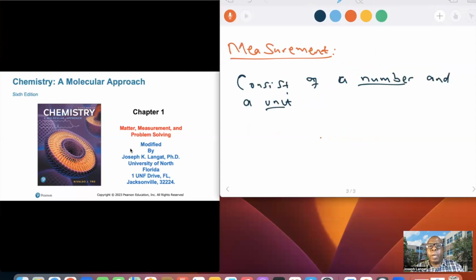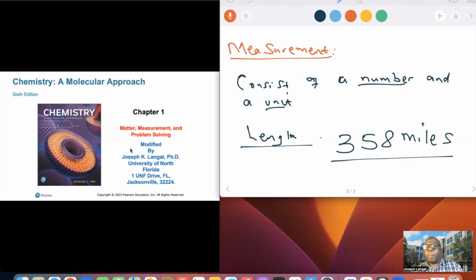Without a number, we lose the magnitude, and without the unit, for example in length, we can talk about the distance from here to Miami, 358. If we don't include the units, the number will just be a meaningless number. So all measurements must include a unit attached to it.